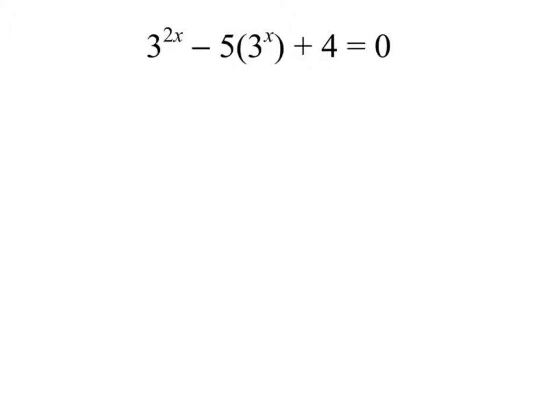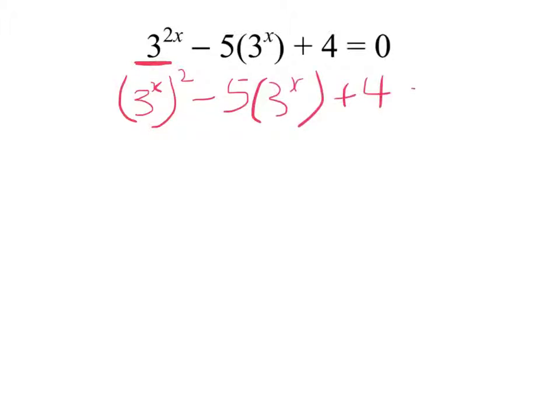Last logs example, these kind of quadratic ones, so we're going to have to use a substitution. Because we can write this as 3 to the x all squared, and then we can write that minus 5 times 3 to the x plus 4 equals 0, we can see that the substitution that we should use is t equals 3 to the x.